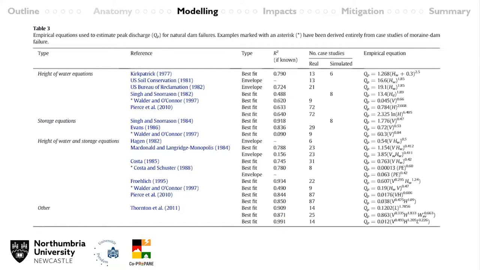But broadly speaking, most of these were developed for engineered structures, and so only a handful of these actually involve natural dams, and even then there's a range of those that are applicable to landslide dam lakes, to moraine dam lakes, and whilst they're very simple, they're also prone to quite a lot of error, I suppose.